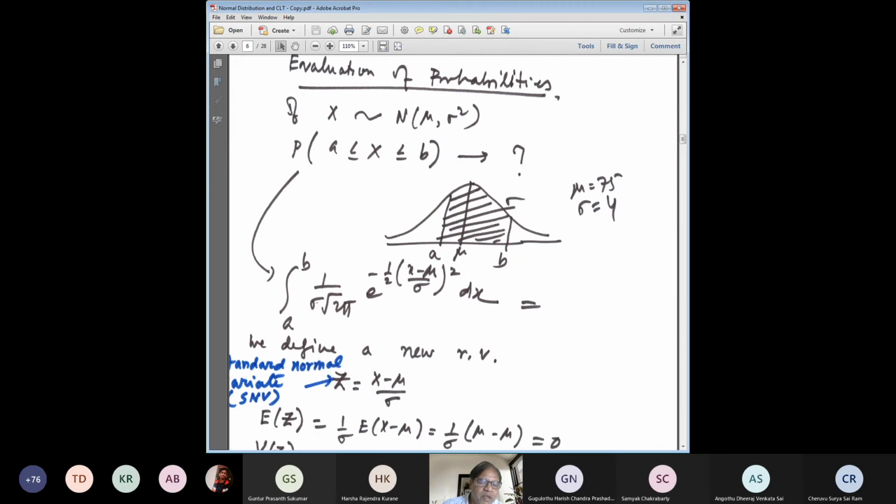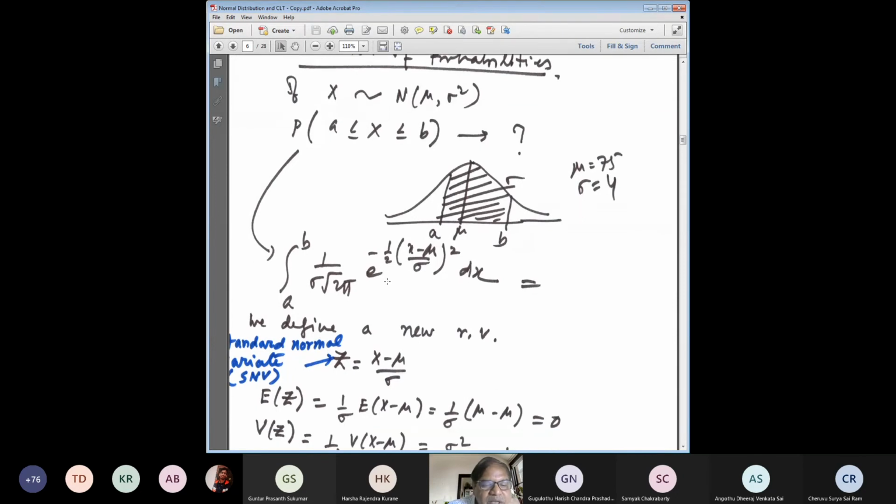Because given mu and sigma, this integral will be known, the lower and upper limits will be known, but evaluation is not easy, so numerical procedures are applied to get the value. What is done in order to simplify the calculation? As I told you, the normal distribution is a very important distribution, the whole of statistics is dependent on it, and it is frequently used.